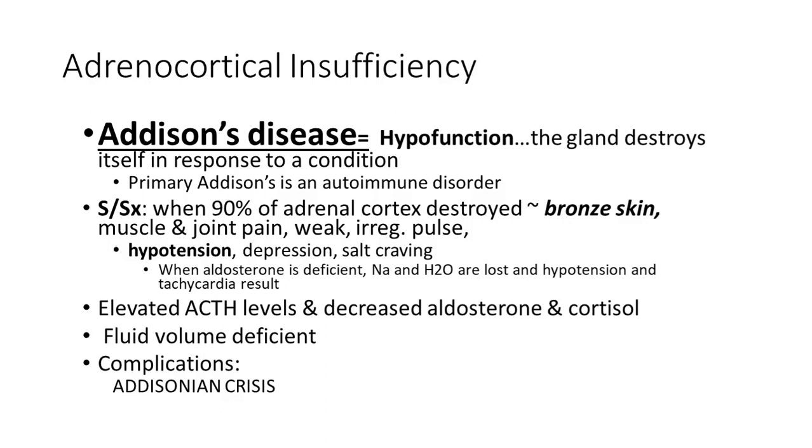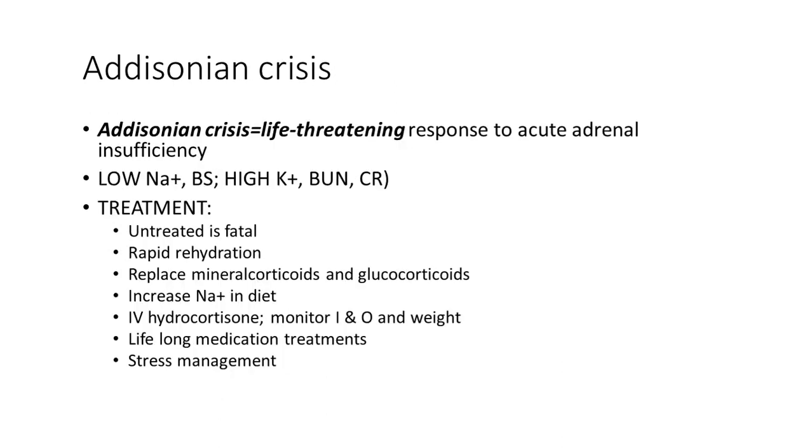People that have Addison's disease might actually go into what's called an Addisonian crisis, where their levels are very, very low. It's life-threatening. It's an acute insufficiency. Their sodium's going to drop, and their blood sugar.